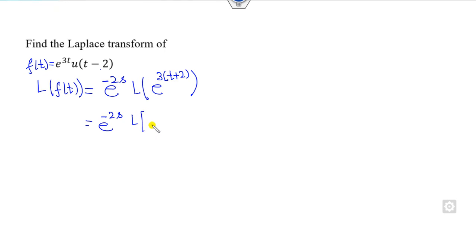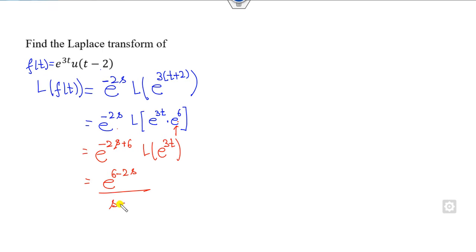I can write this function as e raised to power 3 into t, e raised to power 6. Now this is my constant which is outside, so I can write it as e raised to power minus 2s plus 6 is outside, and the remaining thing is here, and it will be 6 minus 2s. What is the Laplace of this? It is 1 over s minus 3, the right answer.